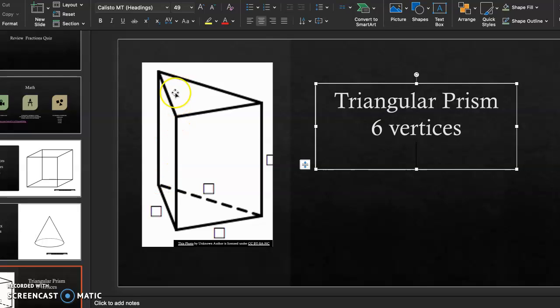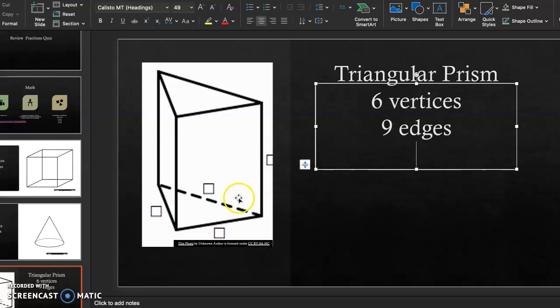How many edges? 1, 2, 3, 4, 5, 6, 7, 8, 9. 9 edges. How many faces? 1, 2, 3, 4, and 5. Okay, 5 faces.